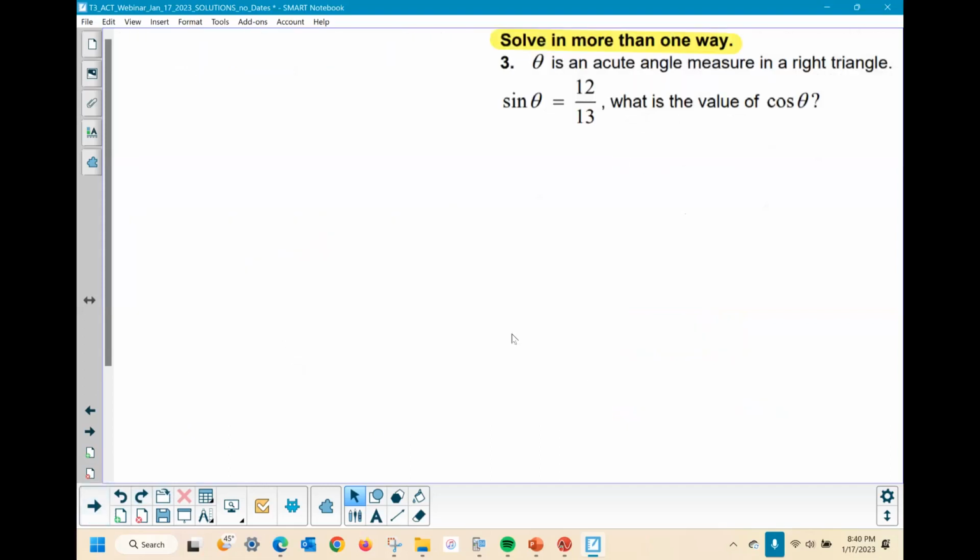All right. So this one right here, we're 2/3 of the way through. This is one that I really spend a lot of time on, and it's a sample question. What I'd like you to do is think of at least two ways that you could solve this, with or without a calculator.